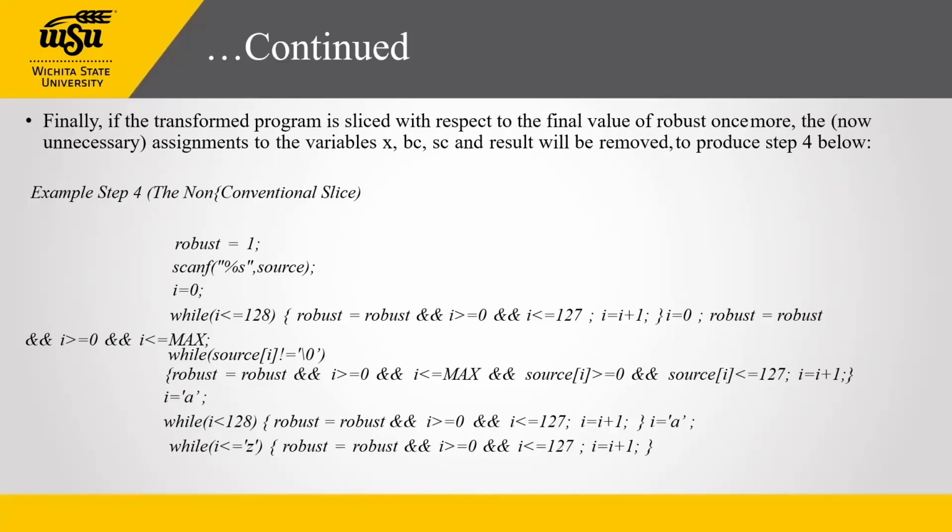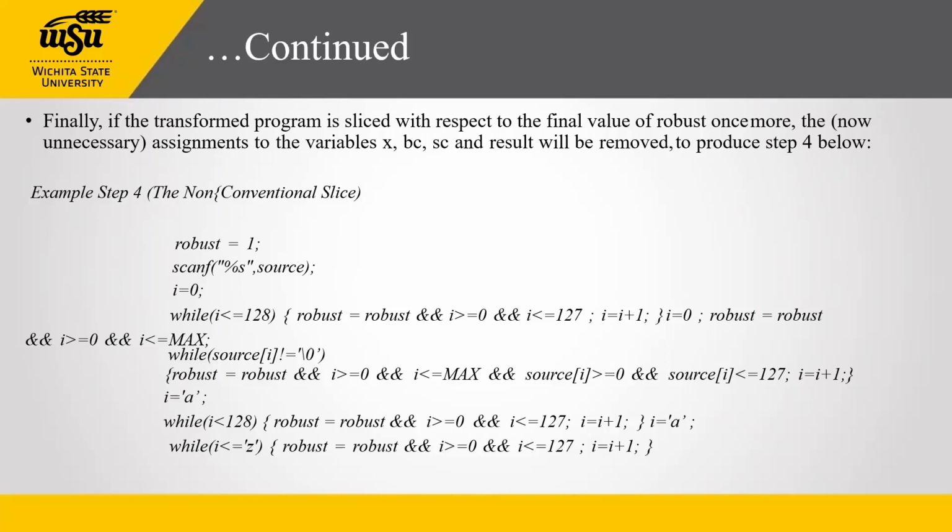Then I'll assign some value to robust, which is the robust value from above and i greater than 0. I'll make a logical AND operation with i less than or equal to 127, and I'll take the value from this expression to robust, and now I'll increment the i value.